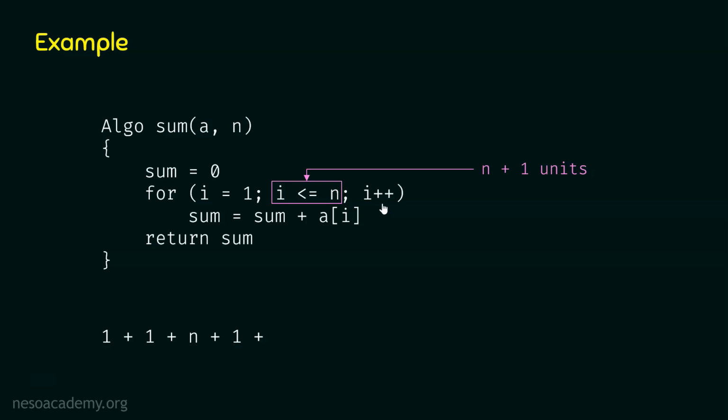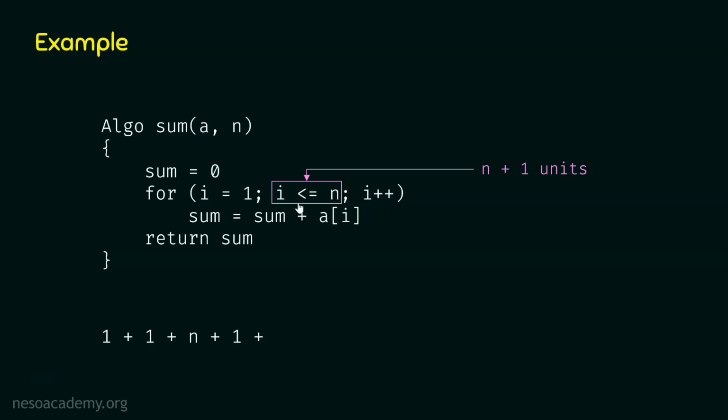Why am I saying this? Let's now try to understand this. The initial value of I is 1. Let's say 1 is less than n. This condition is true. If this condition is true, we will go inside the for loop and execute this statement. After execution of this statement, I++ will execute. So it is clear, when this condition is satisfied, I++ will execute.